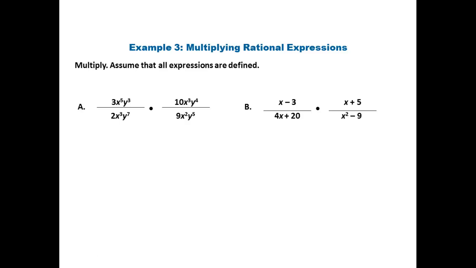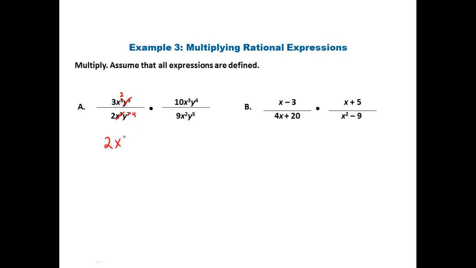Let's multiply. We're going to assume that all expressions are defined, which means there's no zeros in the denominator. There are a few steps here. Let's start with the first expression. Let's simplify before we multiply to keep our numbers a little bit smaller. 3 and 2, can't simplify there. This x cubed is going to make that an x squared. This 3 will cancel out 3 of these.